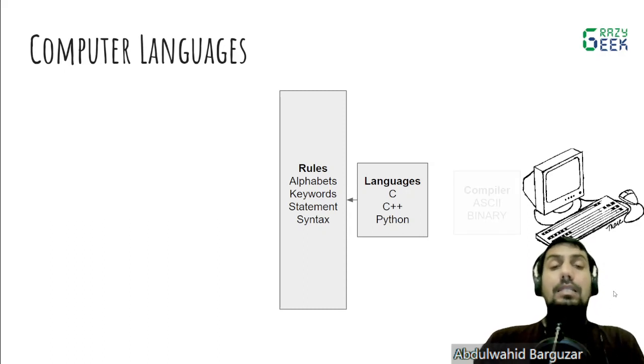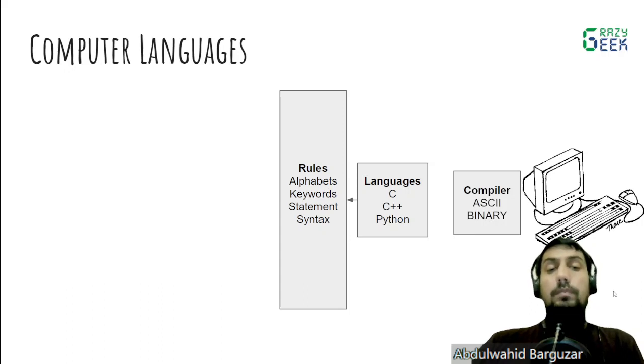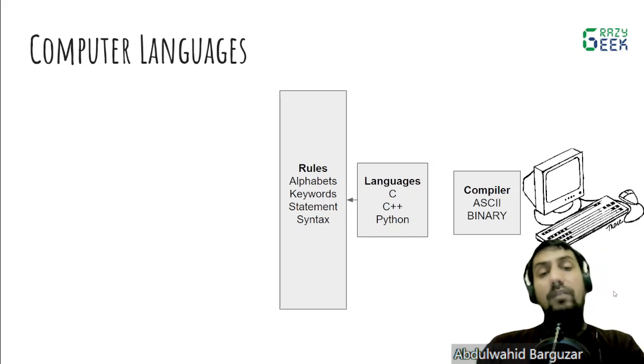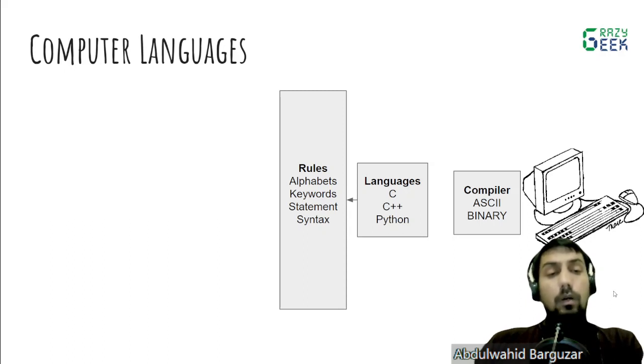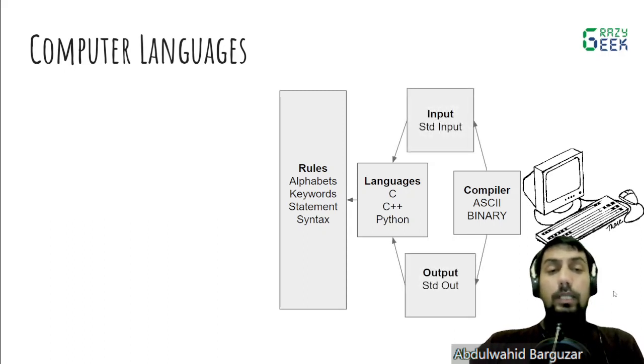Because these are the languages which are used by us, but a computer will never understand these languages directly. As I mentioned earlier, the computer will always consider binaries in order to process the data, and binaries are nothing but electronic charges on the storage of a computer, which represent the data which we provide through the input of the computer, like keyboard and mouse.